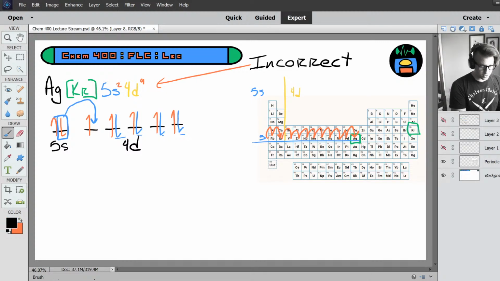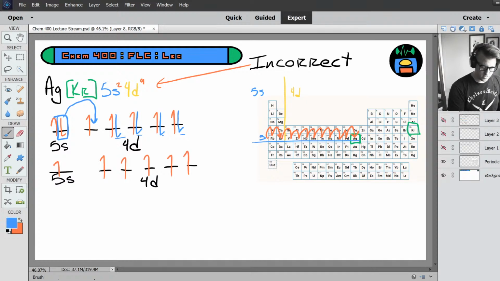So actually, the orbital diagram for silver looks like this. It's 5s1, 4d, 1, 2, 3, 4, 5, 6, 7, 8, 9, and 10.